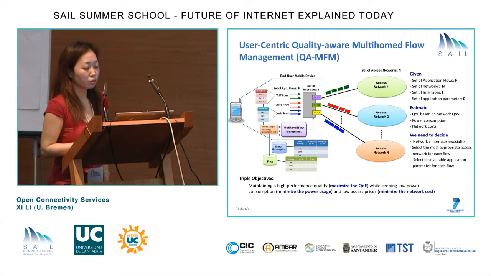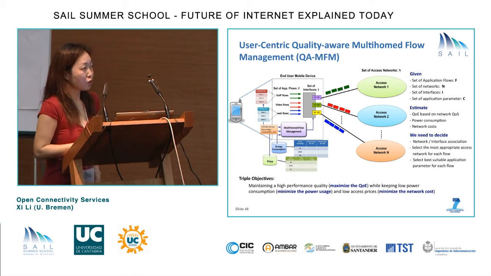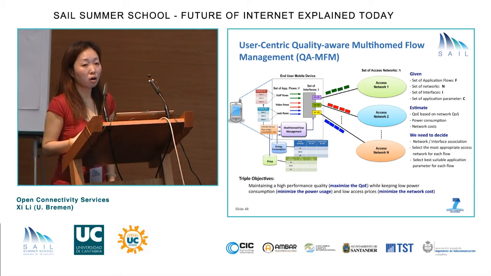In order to do that, we are focusing on three objectives. The first objective is to maximize the overall quality of experience of all the application flows. The second objective is to minimize the total power usage of the user device. The last objective is to minimize the overall network cost.